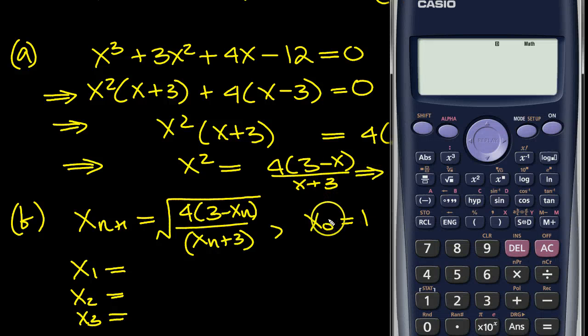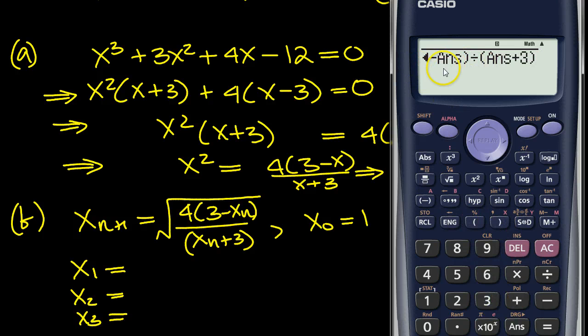Okay, here's the calculator then. x0 equals 1, so that's gone into memory now. So we have the square root of 4 times bracket 3 minus the answer, which we've typed in as 1, divided by bracket answer plus 3, close bracket.